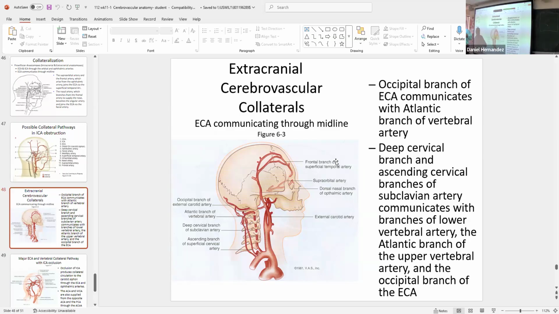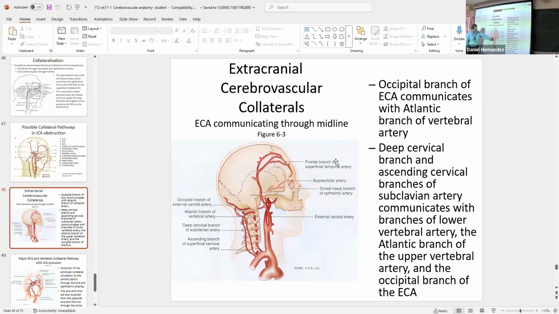So the ICA has collateral branches via the circle of Willis, as well as branches of the ECA connecting with the ophthalmic artery. The vertebral artery also has additional collateral pathways for our posterior circulation. There are additional branches that come off the subclavian artery, further distal, that anastomose with the vertebral artery if there's any blockage or any issue with it.